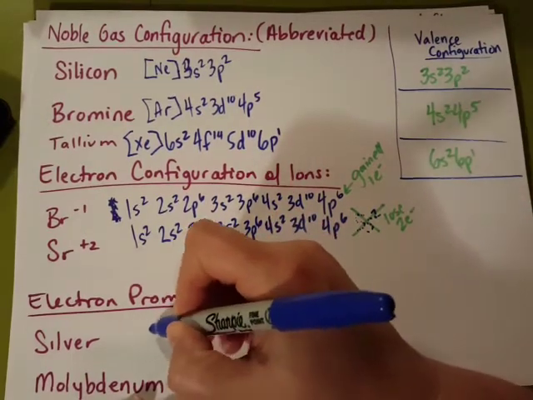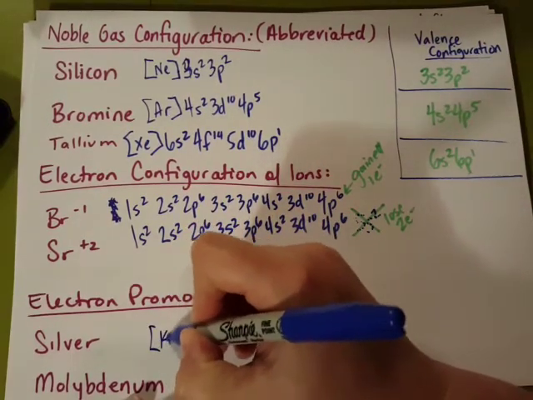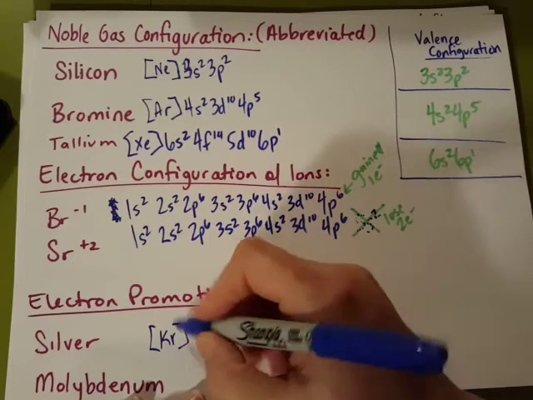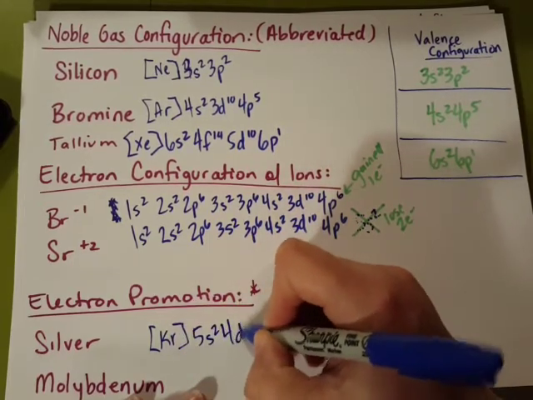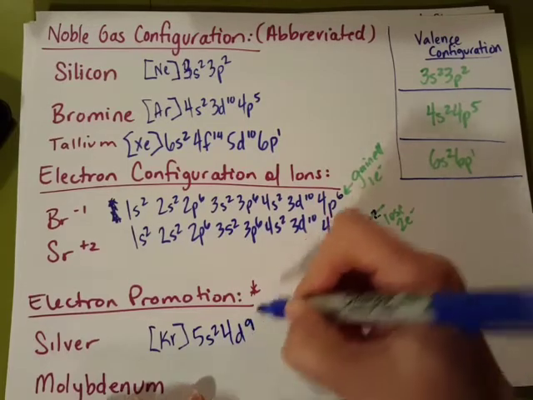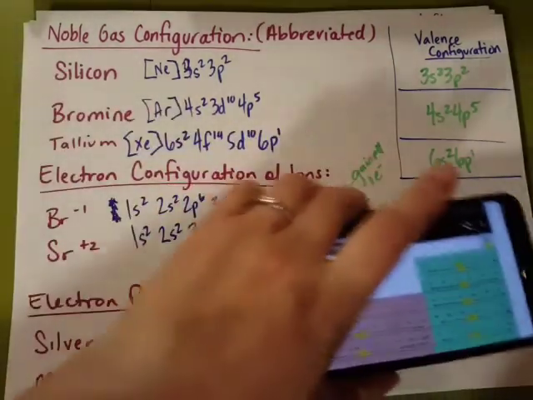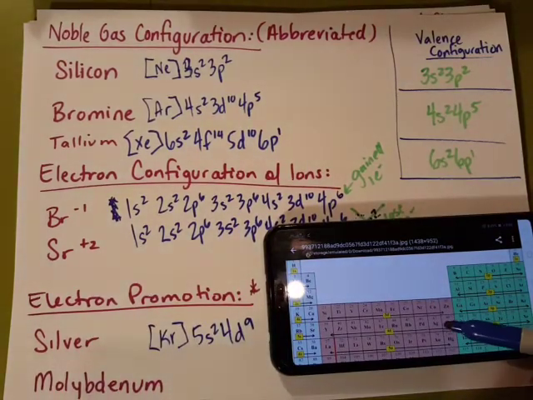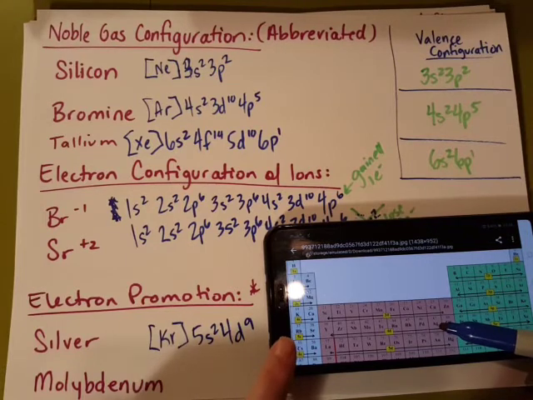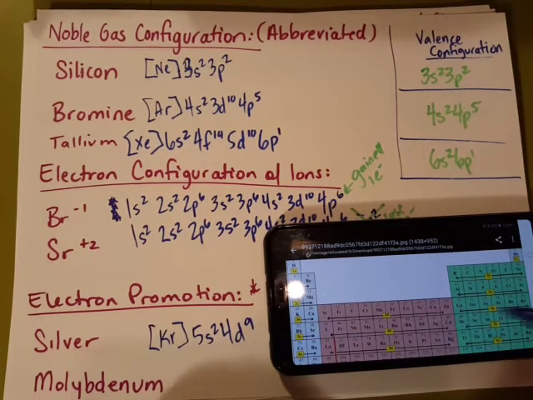So normally, we would go back to krypton and start to build up. And normally this would be our configuration for silver, being 47. So we would be talking about the 5s2 and then 4d9.